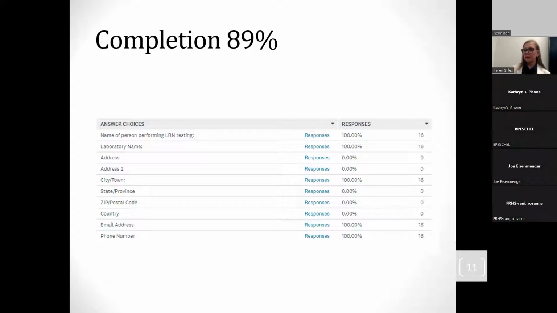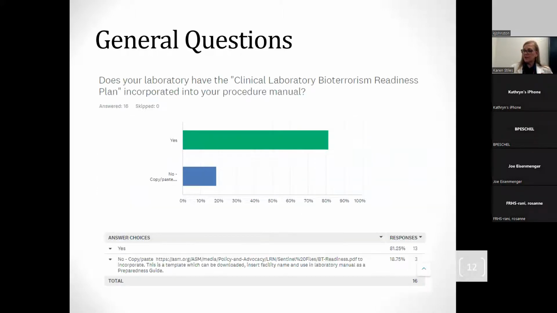If that happens, I totally understand. I just asked them to complete it and then watch the review afterwards. So really, we had 17 out of 18 laboratories that did or will be doing the exercise.